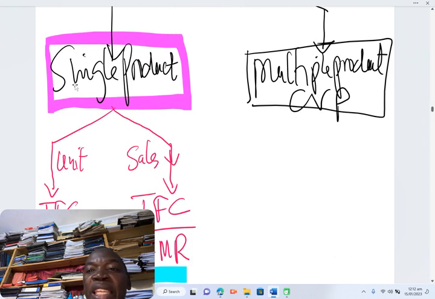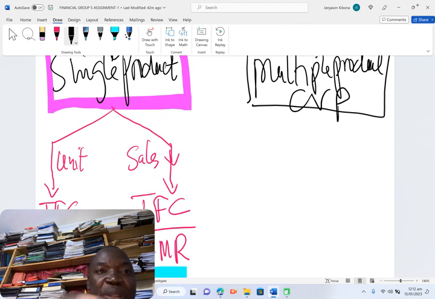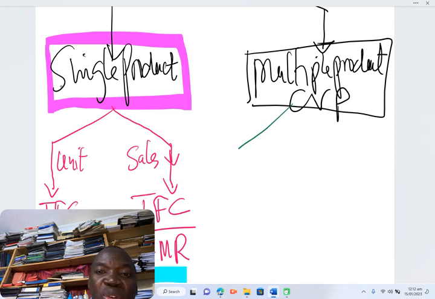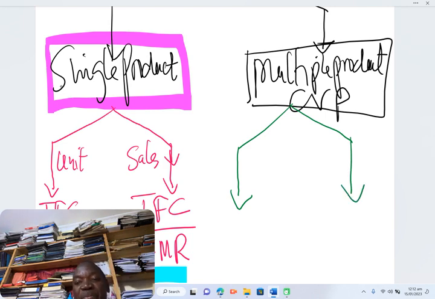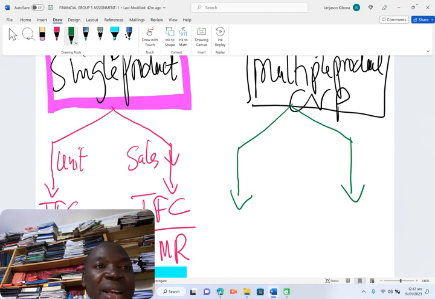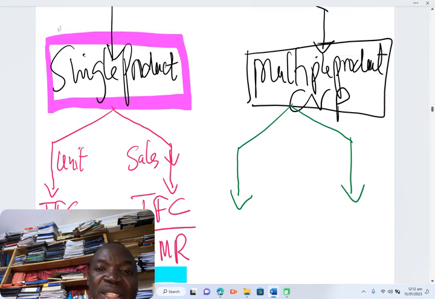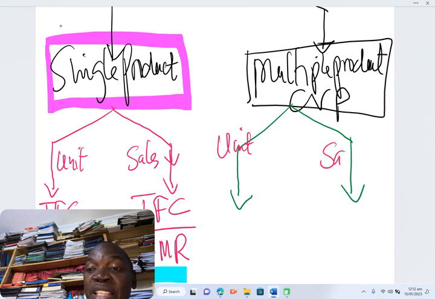Also, this one has two perspectives: unit basis and sales basis. So you write it here, unit basis, and this one here, sales basis.